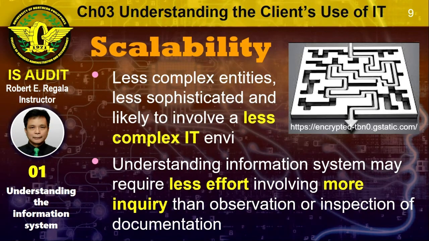It may involve a greater amount of inquiry than observation or inspection of documents. The need to obtain an understanding, however, remains important to provide a basis for the design of further audit procedures in accordance with ISA 330 and may further assist the auditor in identifying or assessing risks of material misstatement.